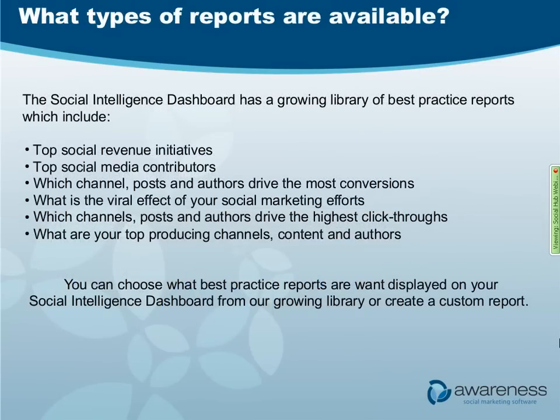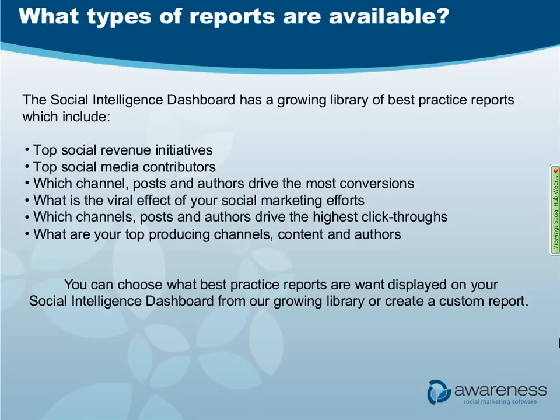Okay, so what type of reports are currently available? As I indicated, the Social Intelligence Dashboard does have a growing library of best practice reports, and the ones I've listed here are really just meant to be a sample of what we can include.